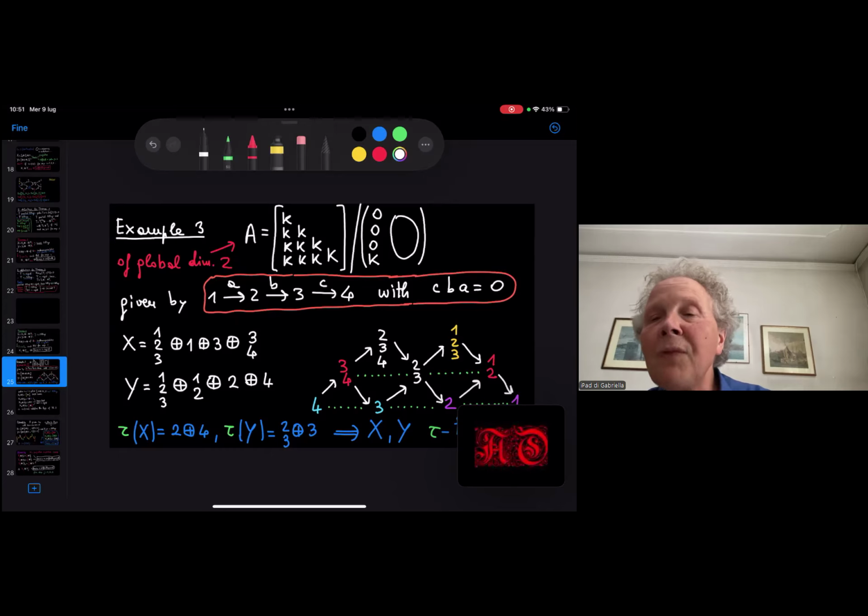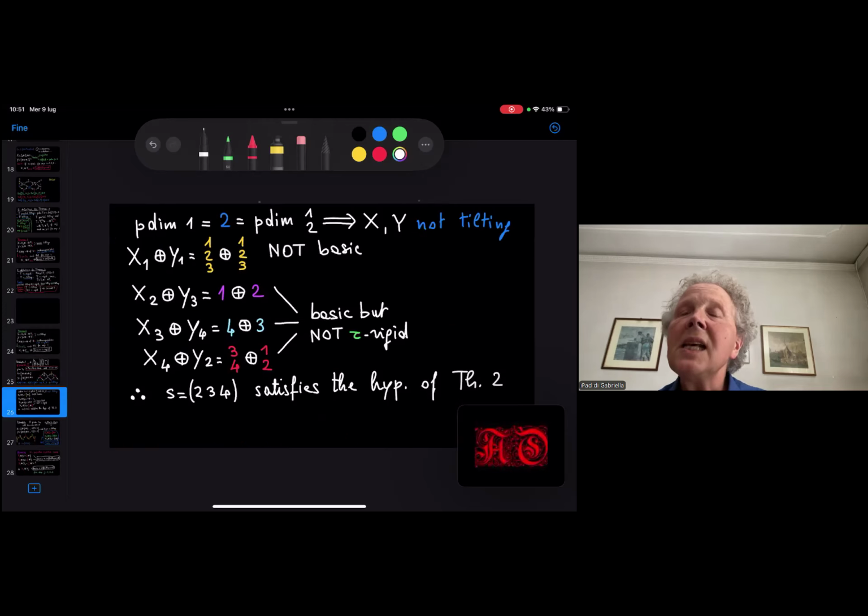What happens is that if you apply tau to X and Y, we see that we have no map from X to tau X and no map from Y to tau Y. That is, X and Y are two tau-tilting modules. However, since 1 and 1, 2 have projective dimension 2, X and Y are not tilting.